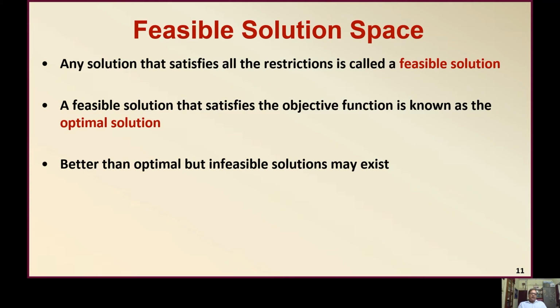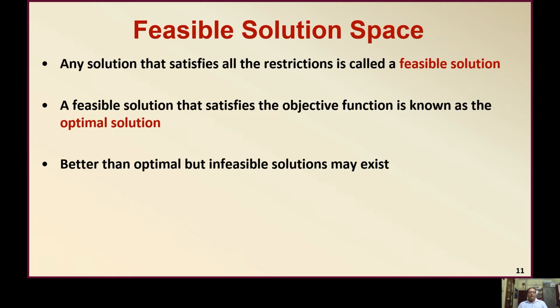So what is the optimal solution? Out of all the different feasible solutions, the best value returned is known as the optimal solution. Obviously, if it is a maximization problem, it should be the best possible, largest value. If it is a minimization problem, it is the least possible value.